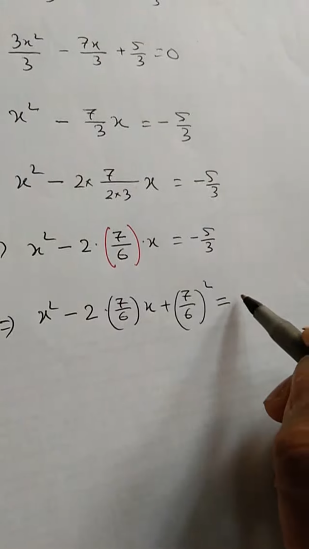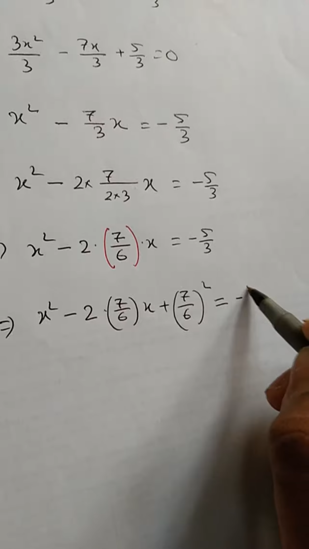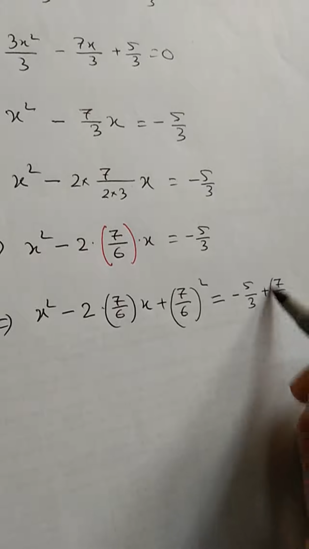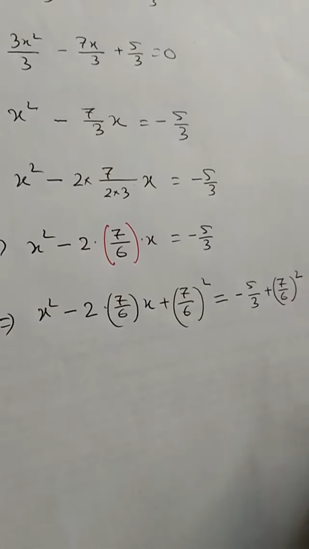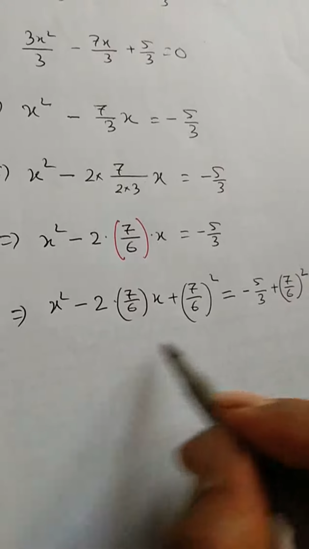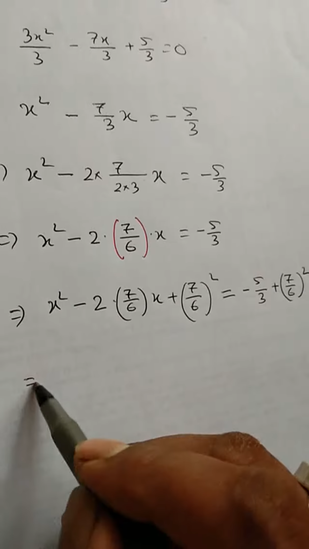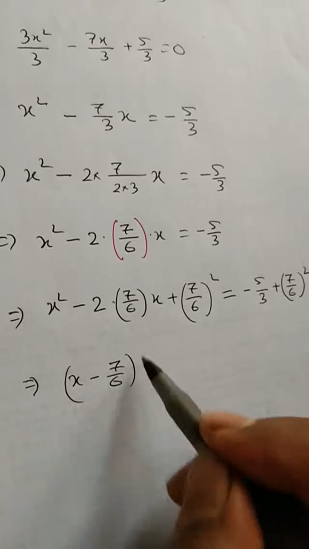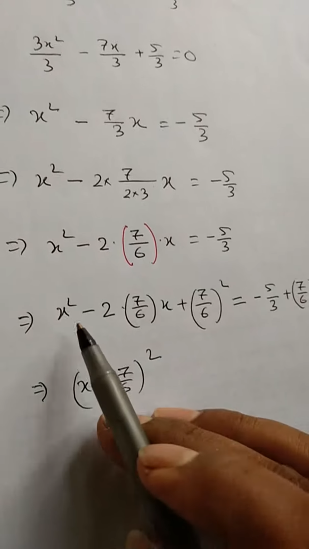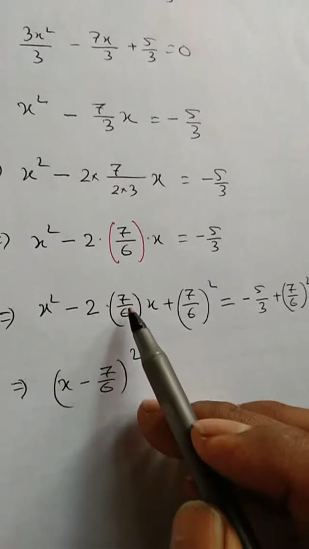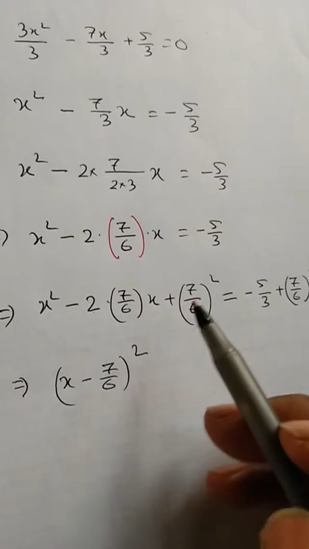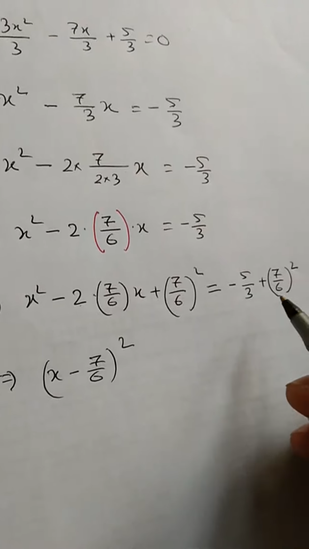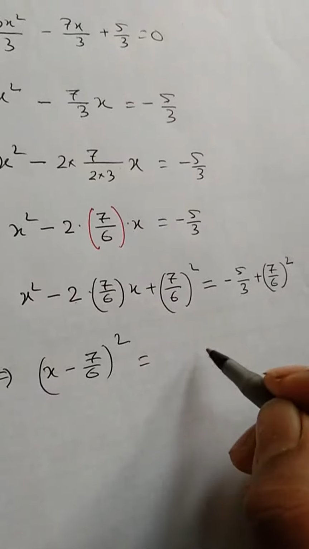At the same time we have to add 7 by 6 on the right side also, so 7 by 6 whole square. Now this will be x minus 7 by 6 whole square by the identity, because you can see it is x square minus 2 into 7 by 6 into x plus 7 by 6 whole square. So we have written this, and the right side we have to simplify.